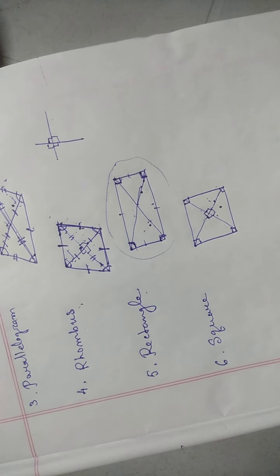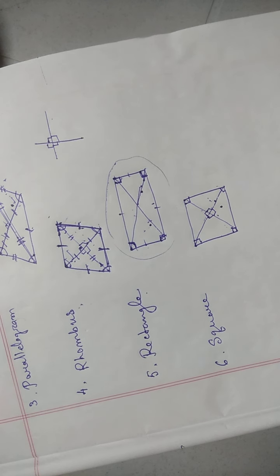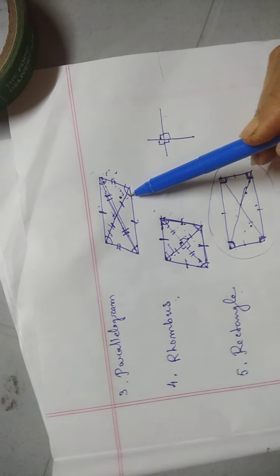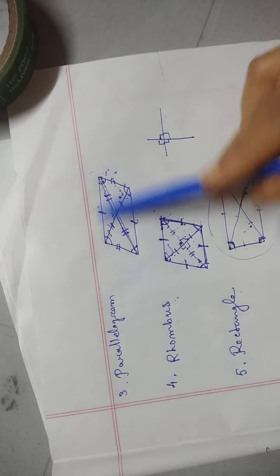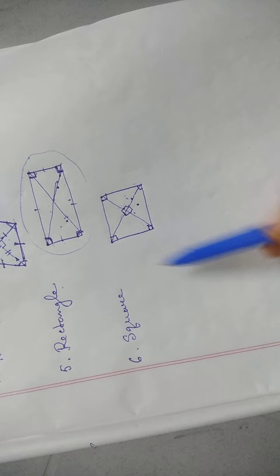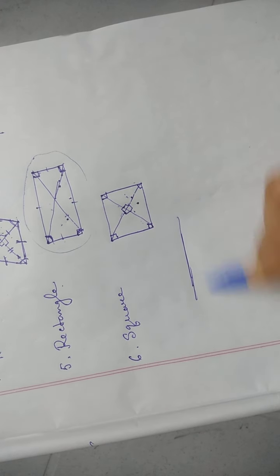Okay. Next, these are the theorems. What are the theorems? A parallelogram. This is a parallelogram. Clear? From this parallelogram, what can you find? If this is a parallelogram, okay?